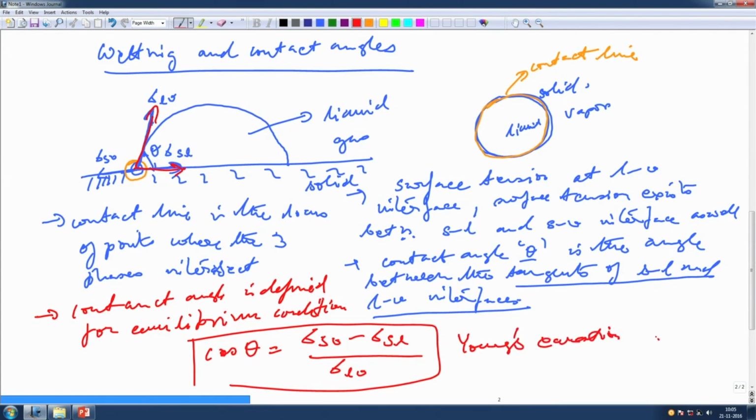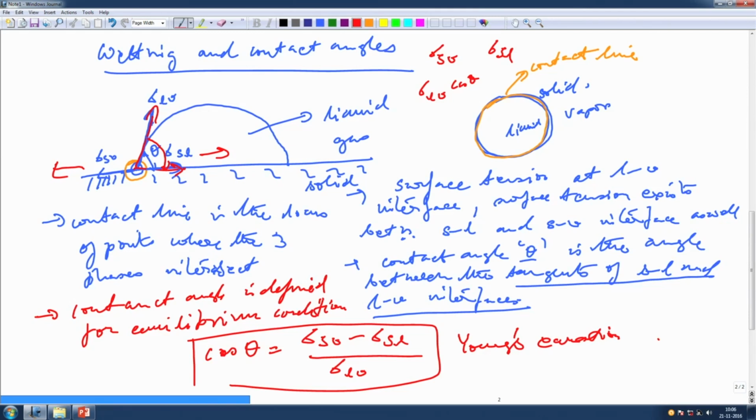It is basically nothing but a force balance in the horizontal direction. So, if you look at this particular expression, what does it actually tell you when it is an equilibrium condition? This is sigma SV, and then sigma SL. These point towards the two directions, the positive and the negative axis. This is decomposed in this direction, so that this will be nothing but sigma LV cos theta, and then if you do the math, this has to be equal to this because all of them are acting on the perimeter.